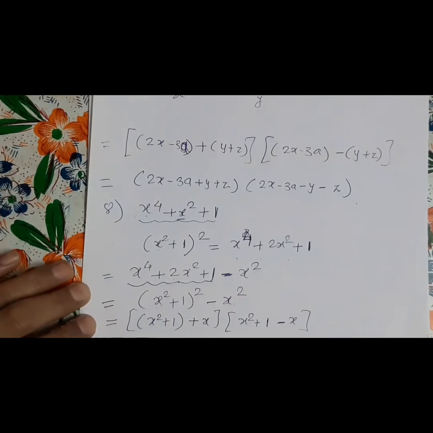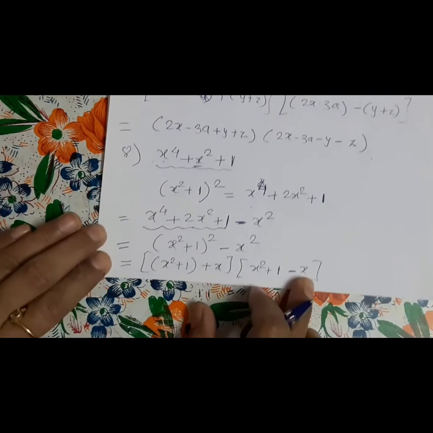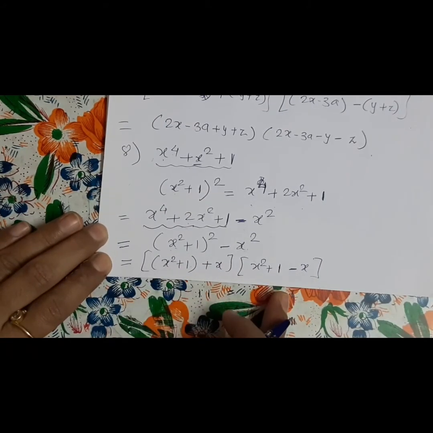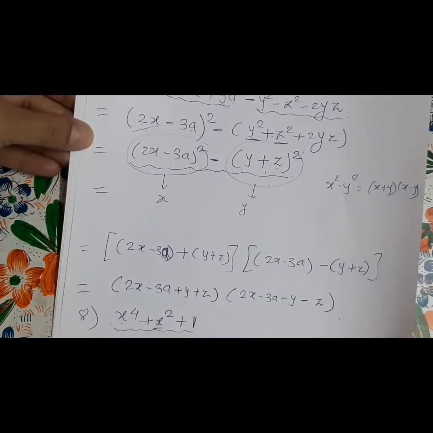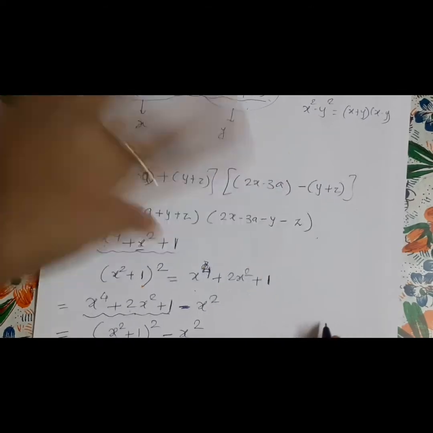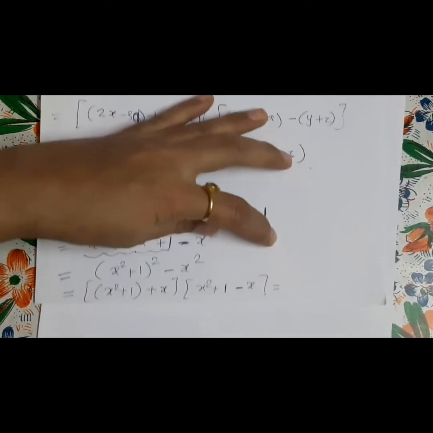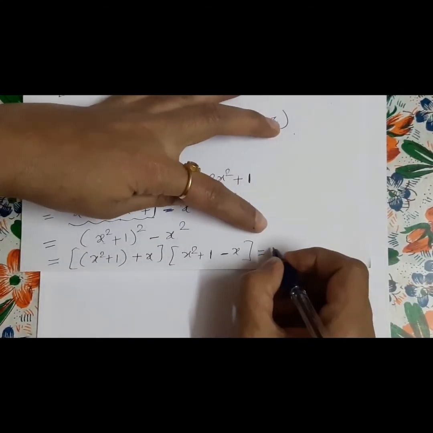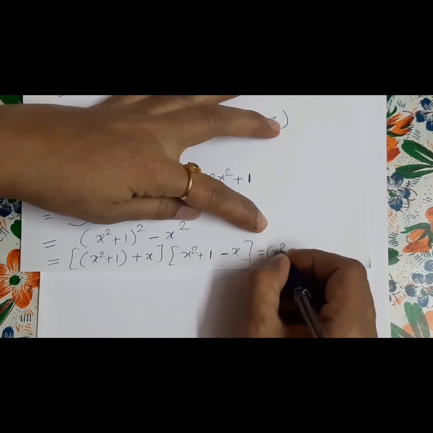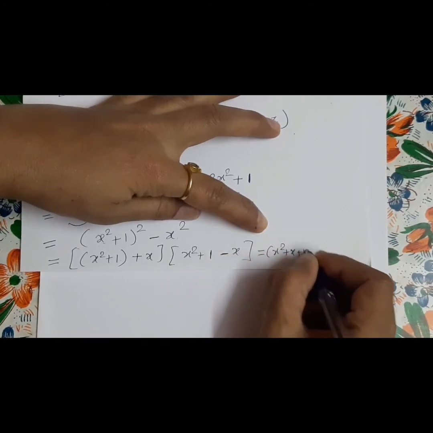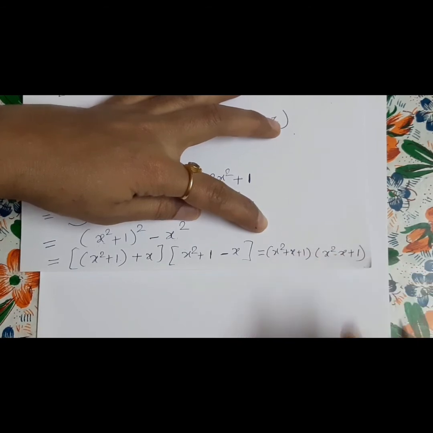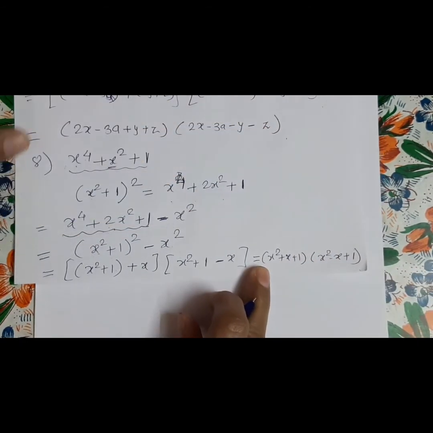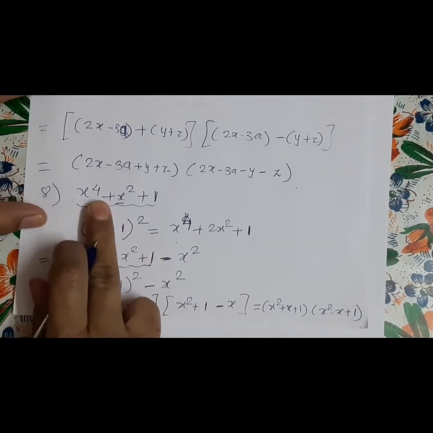Okay, so these are nothing but the two factors of the given algebraic expression. So we'll write it properly: x square plus x plus 1 into x square minus x plus 1. Now these are the two factors of the given algebraic expression.